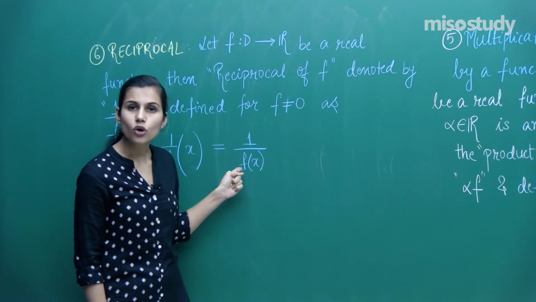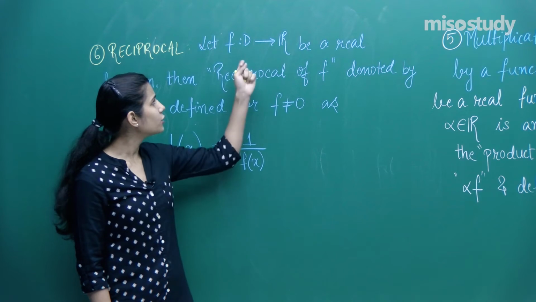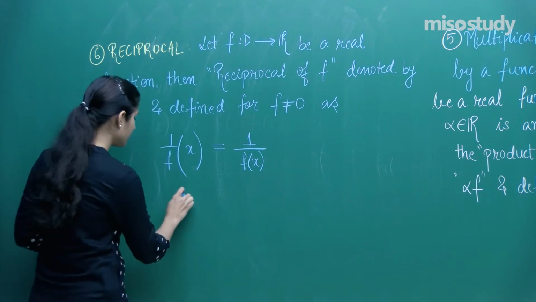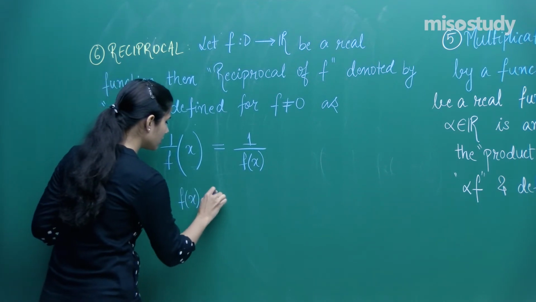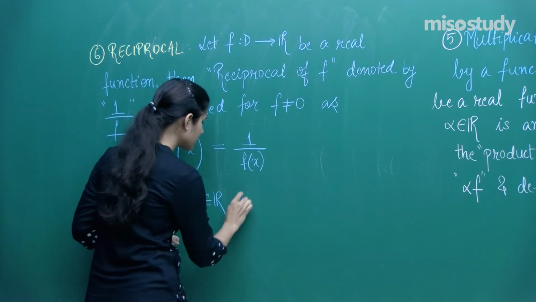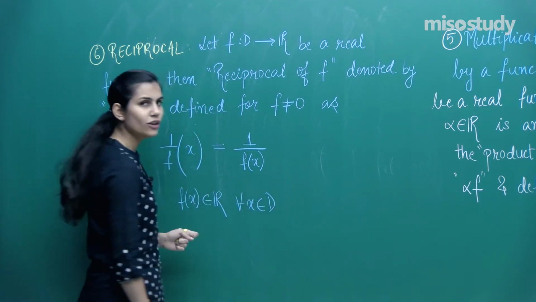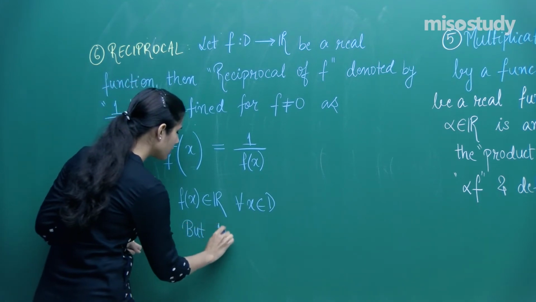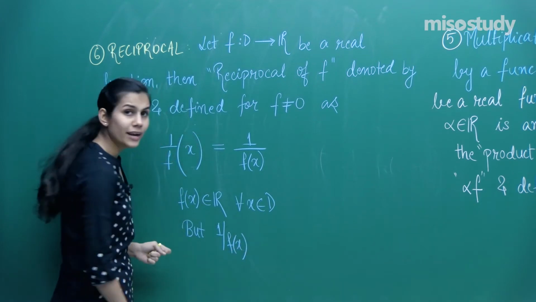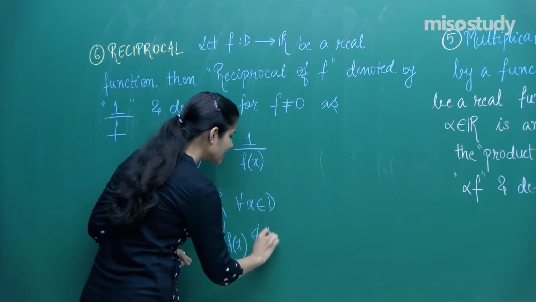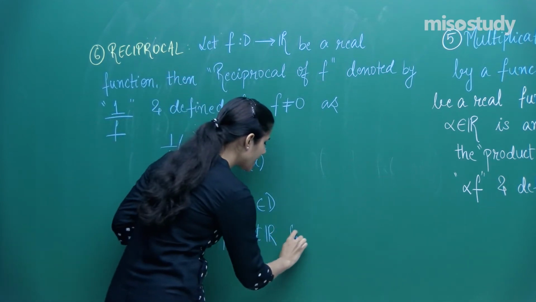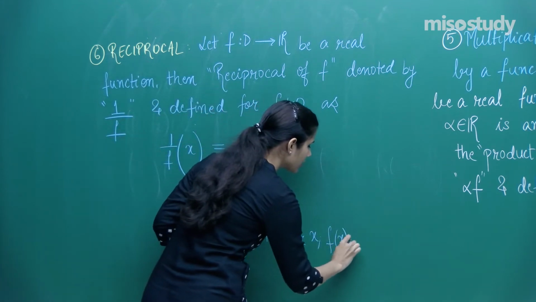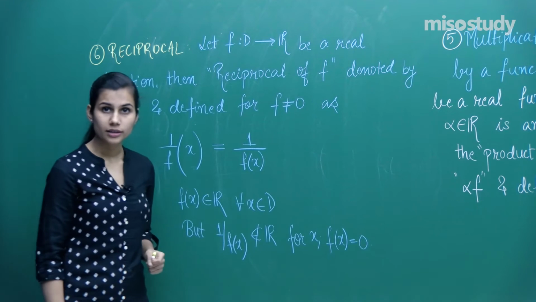And fx is real for all those x which are coming from the domain of f, which is D. That means fx is real for all x belonging to the domain of f, which is D. But one upon fx is not real for those x for which fx is 0.